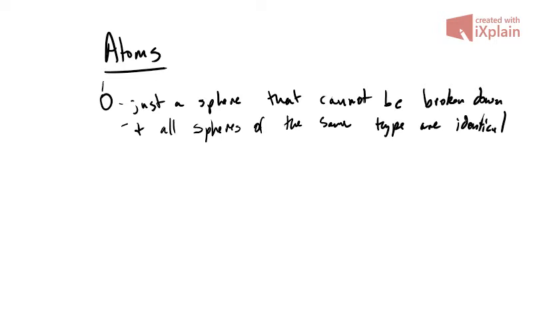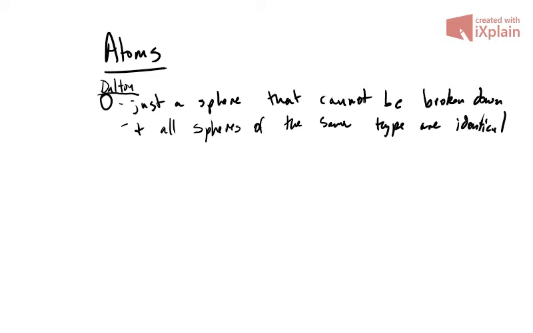Now Dalton, I'll write that out. This is Dalton. Dalton was right in saying that these spheres make up everything, that they can be thought of as sort of spherical, and that most, 90% of the time, these spheres are identical to each other. However, they are not always identical, and they can be broken down.